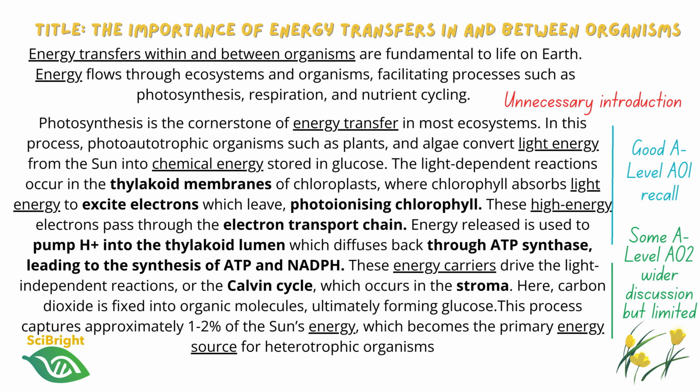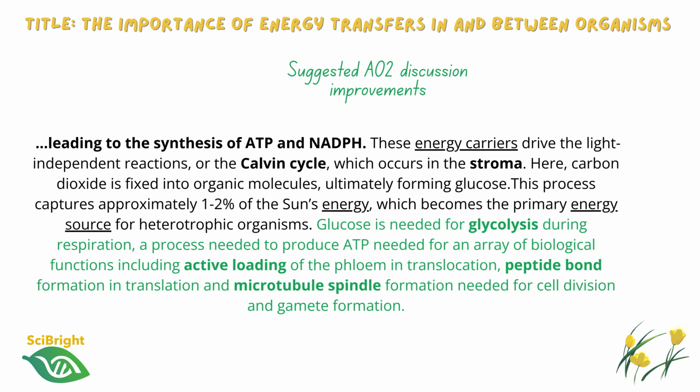So how can we make this paragraph better? We can widen the synoptic discussion. Remember, synoptic means a comprehensive view of a whole subject. The glucose produced from the Calvin cycle has a wide-reaching impact, and we need to make a few A-level references to this.